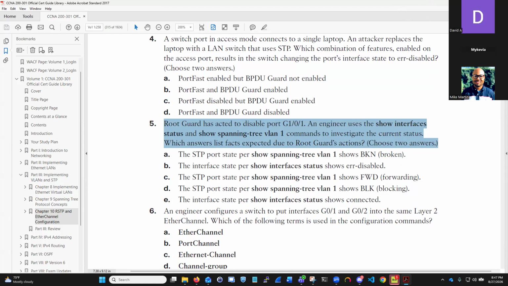Okay, root guard has acted to disable port gigabit 1/0/1. Engineer uses show interface status and show spanning-tree VLAN 1 commands to investigate the current status. Which answers list facts expected due to root guard actions?